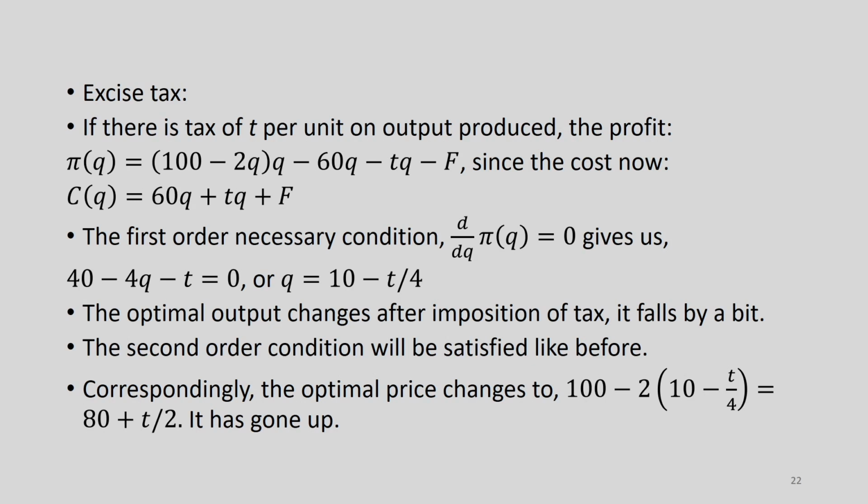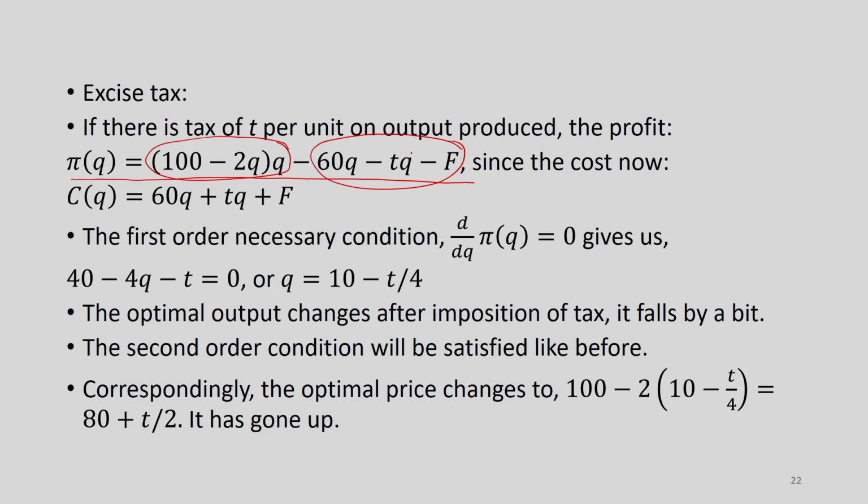Now, we come to the third category of taxes, the excise tax. If there is tax of t per unit on output produced, then the profit turns out to be this. This is the revenue part and this is the cost part.